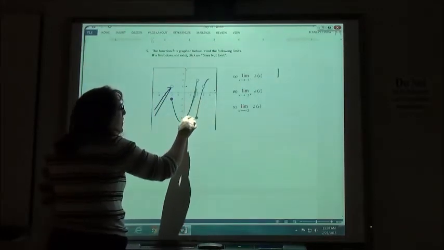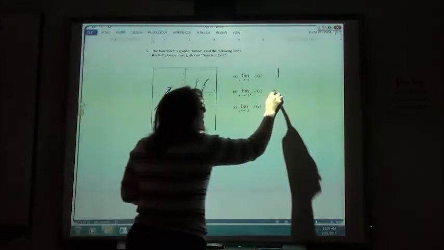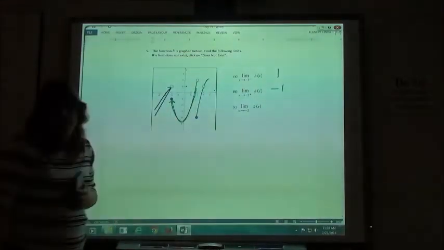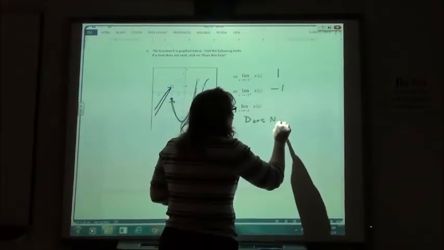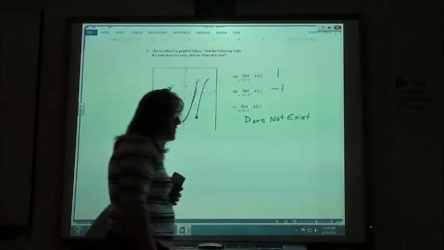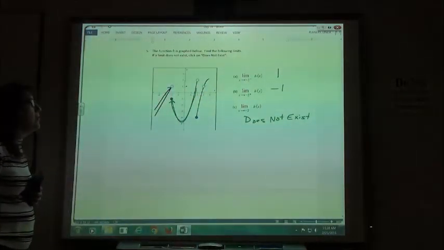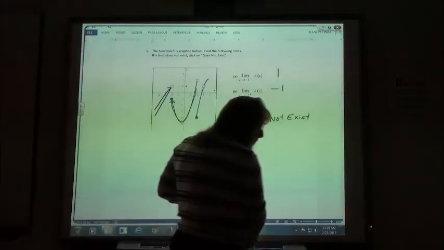So if I come from the positive direction, as I go to -2, I'm going to end up at -1. Again, those two numbers are not the same thing, so my limit does not exist as x approaches -2, because I have two different values when I come from the negative direction and when I come from the positive direction.